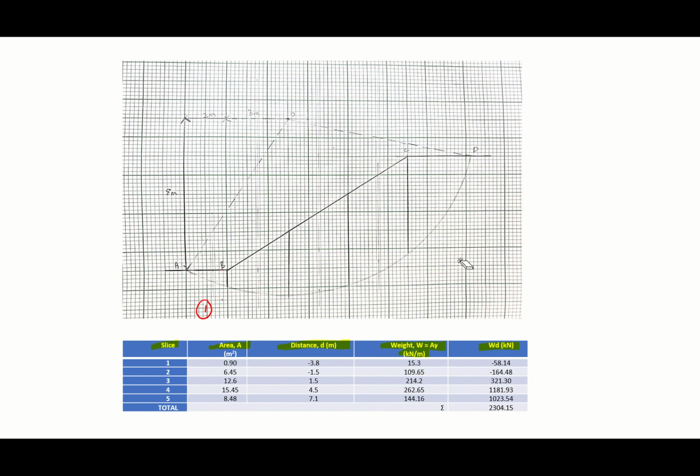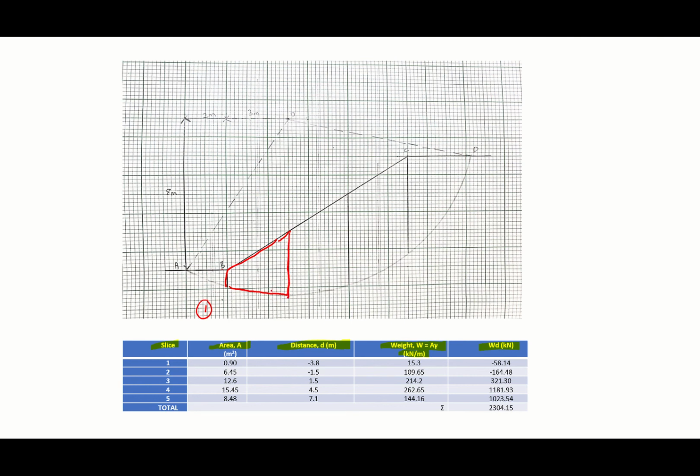And the workbook says that for slice number 2, number 3, and number 4, you need to use a trapezium equation to solve for the shape of this slice. So this is slice number 2. Okay, almost like a trapezium.